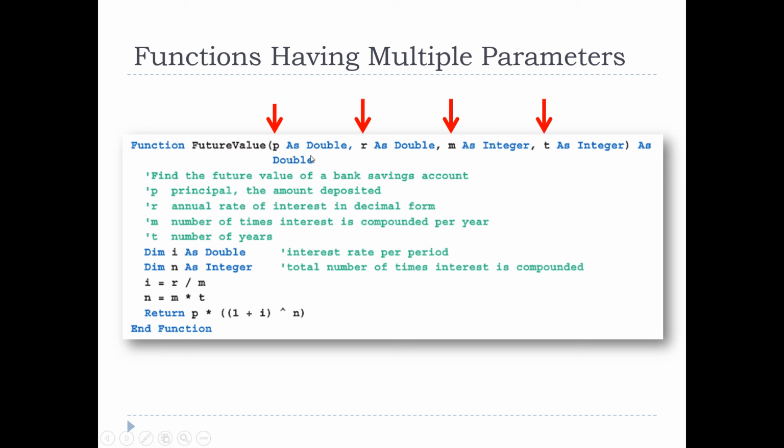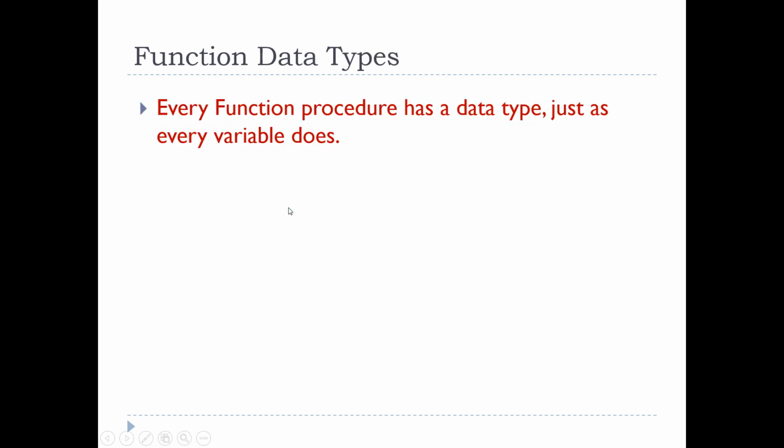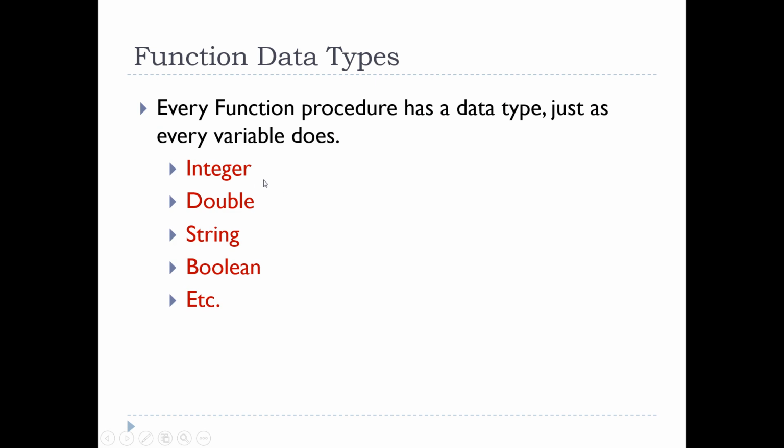So here we have 4 parameters passed to this function from somewhere else, and then we do the calculations in here, and then we return the total back as a double type. So here it says every function has a data type, just like your variables.